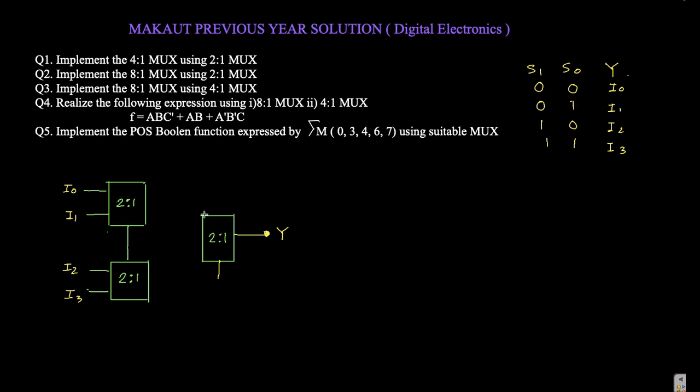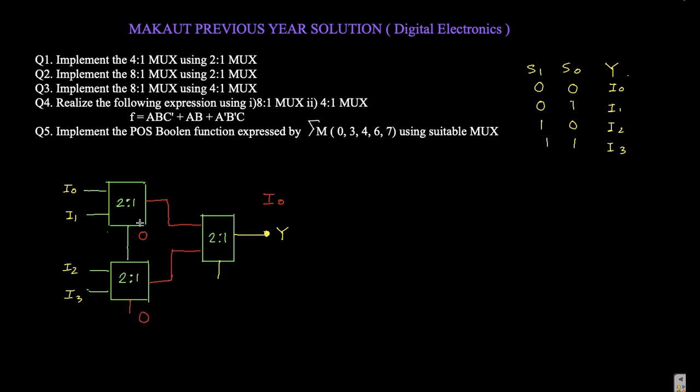Now we want to get I0. If we want to get I0, what should we do? We should select 0. If it becomes 0, and the 2:1 MUX is connected with the third one, then as it is 0, the final select is also 0.